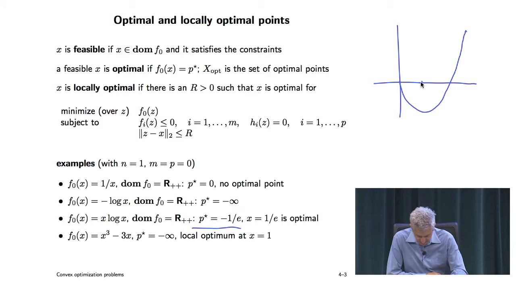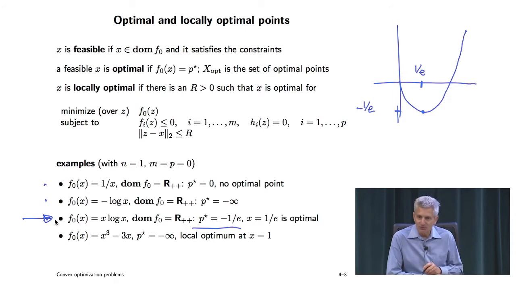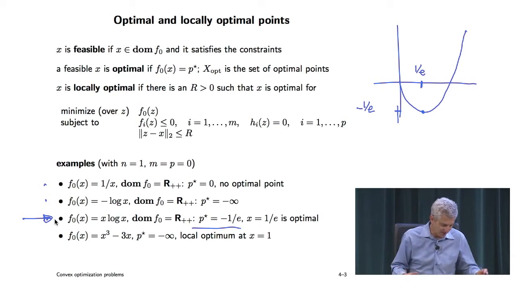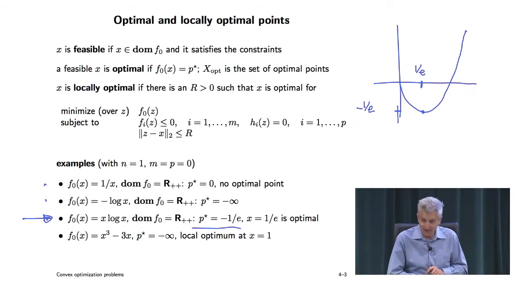It's achieved at x equals 1 over e, and the value is minus 1 over e right there, right? So this is an example of a problem where these first two are pathologies of different kinds, and this one is the first one where you'd say it has a non-pathological answer, right?